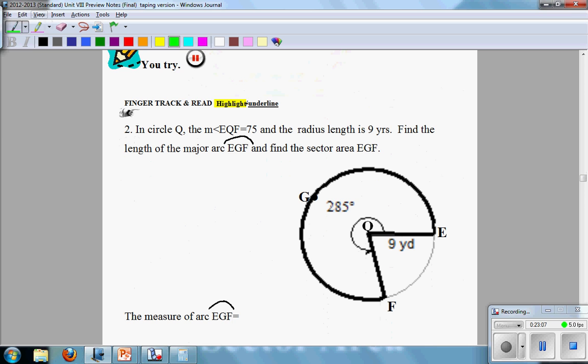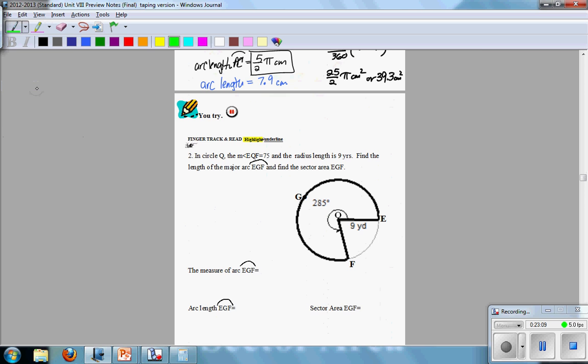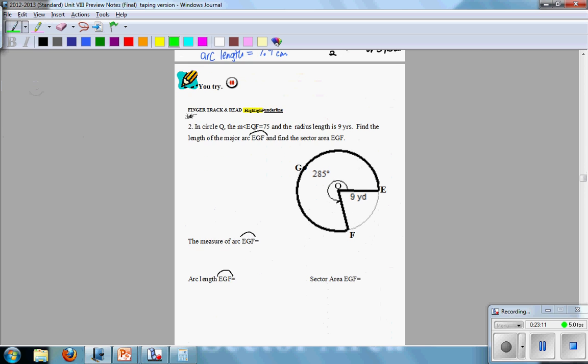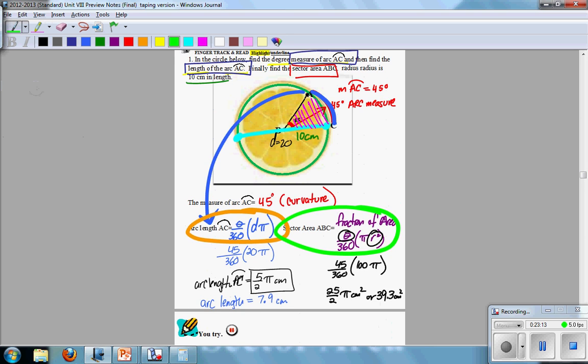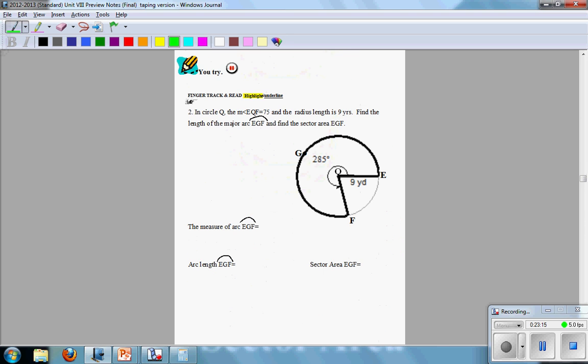I'm going to give you 5 minutes. I'd like you to do this entire page on your own. Use this as a model right here. I'm going to set the clock here. Use your previous page as a model, and then come back and check it. Please try this on your own. Don't just fast forward through this video to get the answer. Try this on your own, and then check it, please. Go.